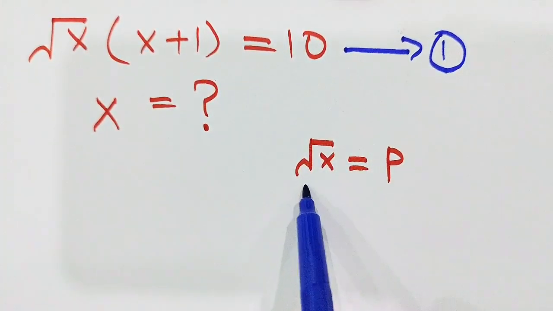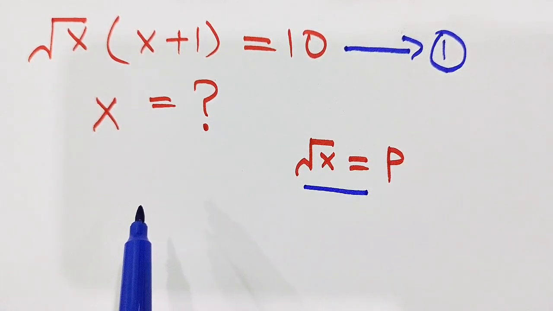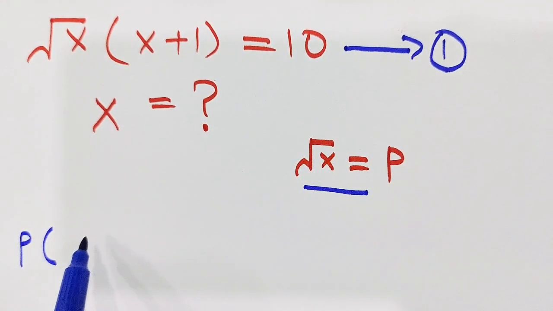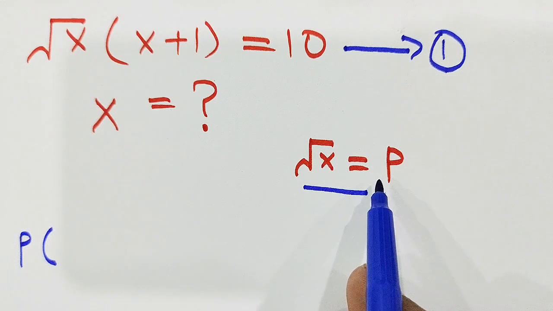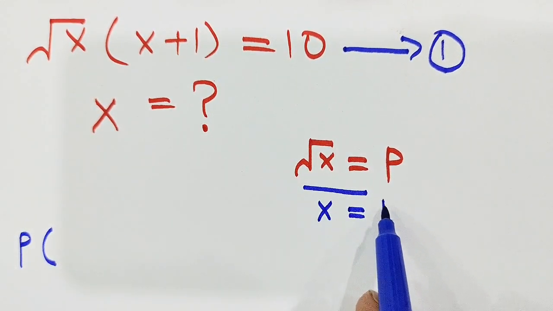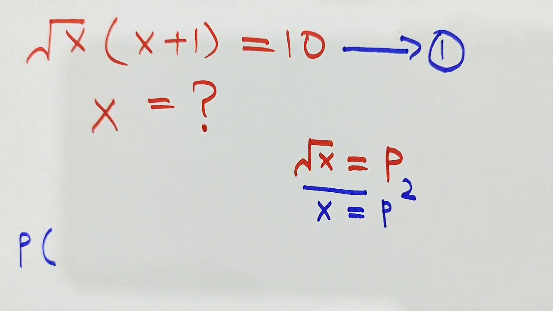By putting this value in our equation number 1, square root of x is simply p. If square root of x is equal to p, then by taking square on both sides, x is equal to p square.